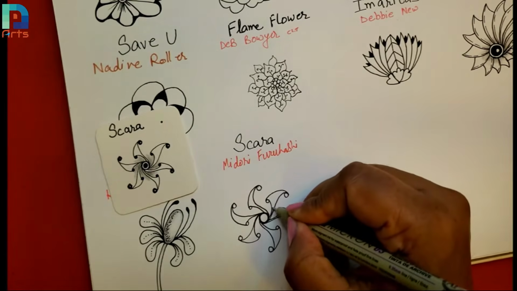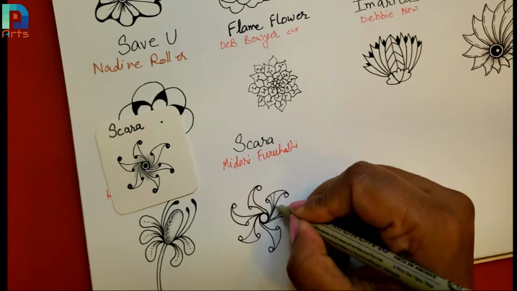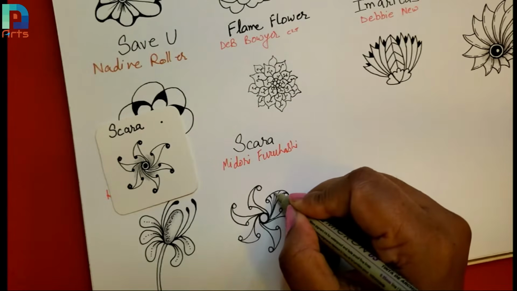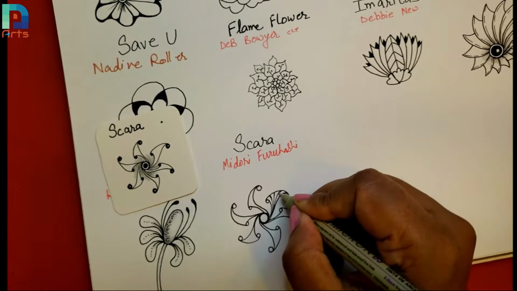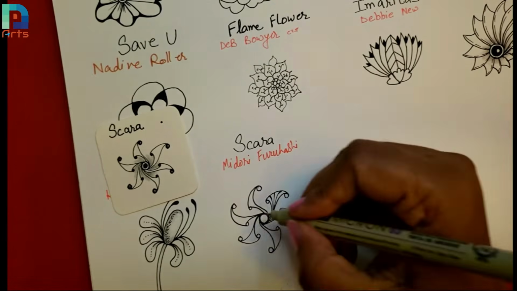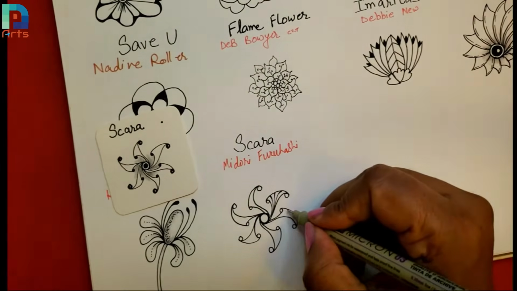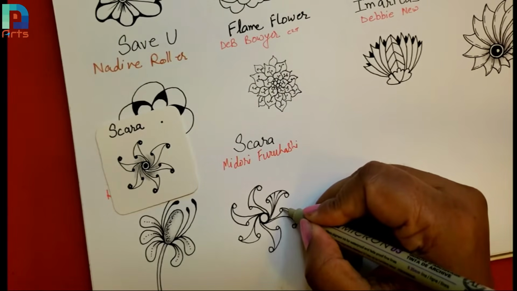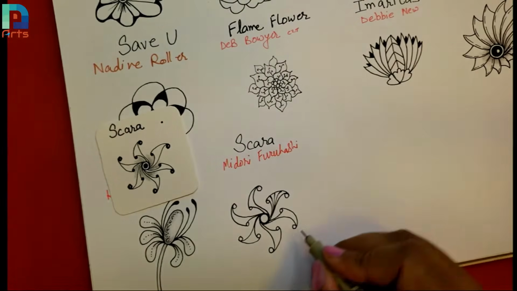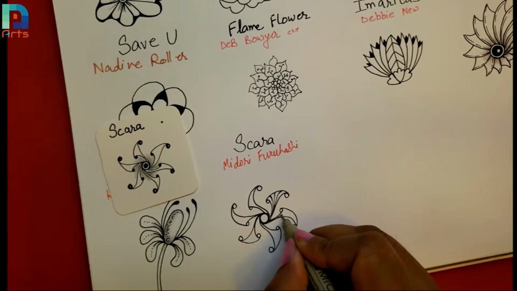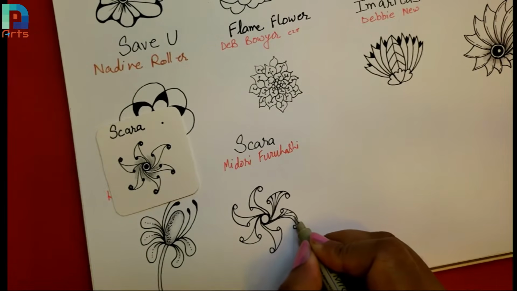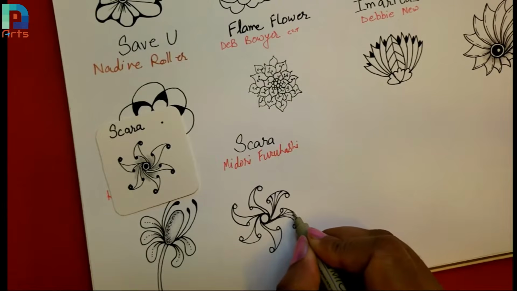Now you can just decorate the way you want. You can do these little sections. If you want, you can do little double lining, or maybe fill this in any other way, whatever way you want. So decide how you want to enhance your tangle. There are various ways of enhancement.